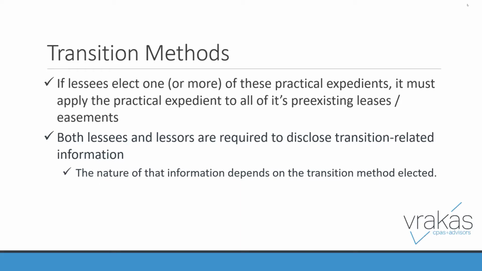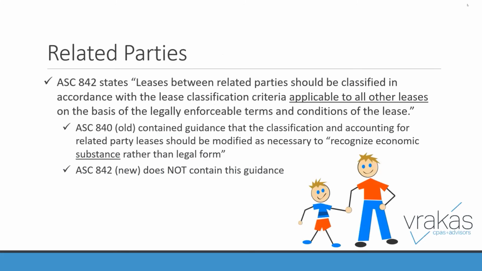So I have a couple miscellaneous topics to touch on now related to leases. First being related parties. So obviously we work with a lot of privately held companies and there's a lot of related party leases involved. So I want to talk about the difference between the old guidance and what you may have discussed with your accountant or auditor under the old guidance versus the new guidance.